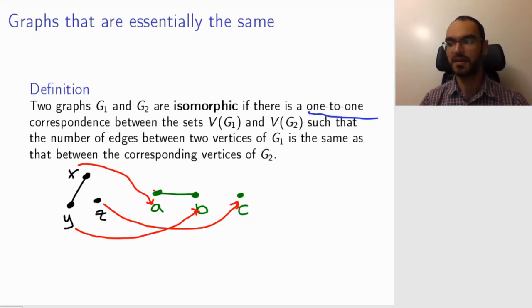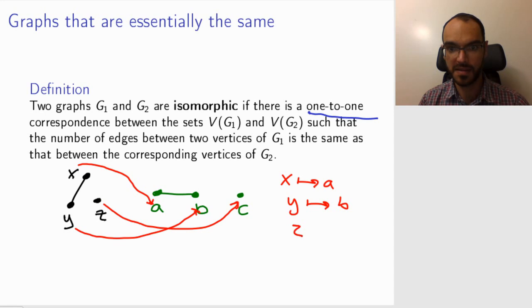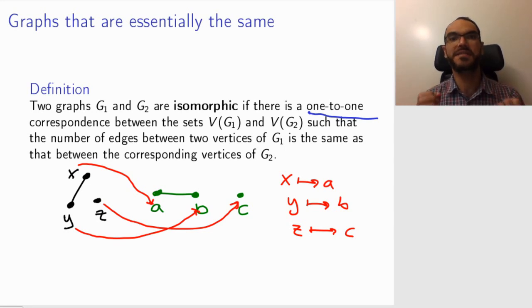But not only that, our correspondence is in such a way that the number of edges between X and Y, which is 1, is the same as the number of edges between A and B. And the number of edges between A and C, which is 0, is the same as between X and Z. So our isomorphism is the map that maps X to A, Y to B, and Z to C. And another way of putting this number of edges business is that the map respects the structure of the graph.